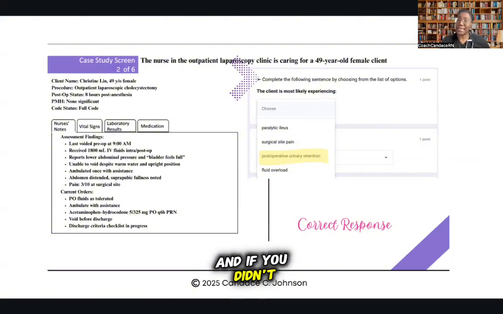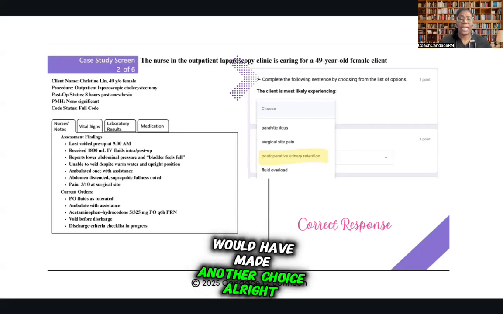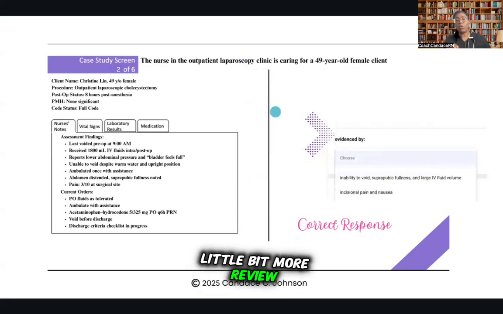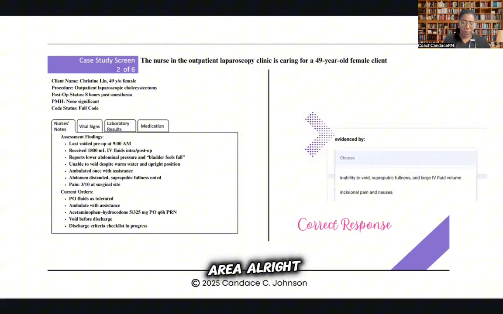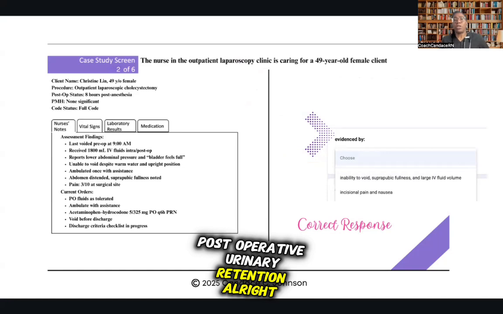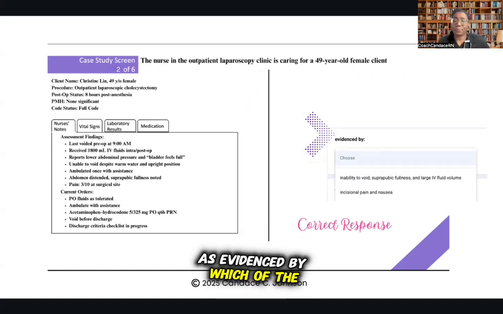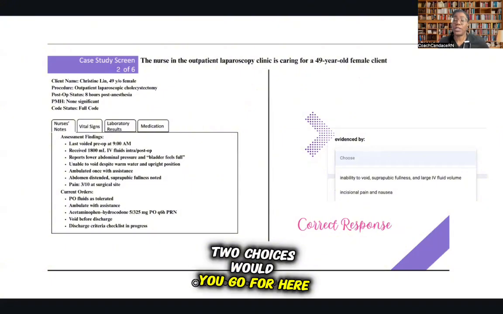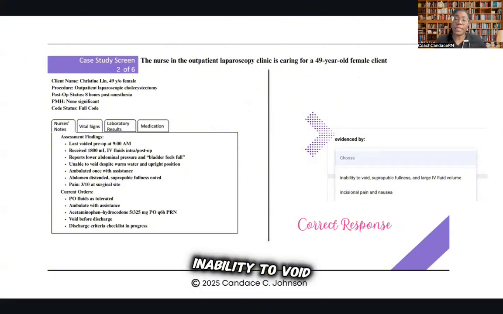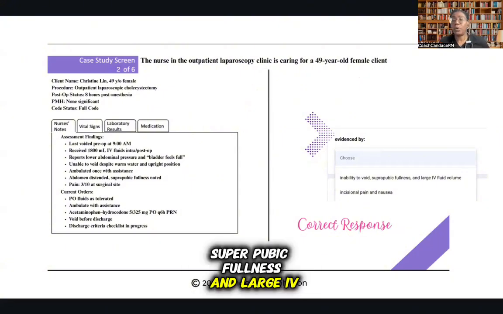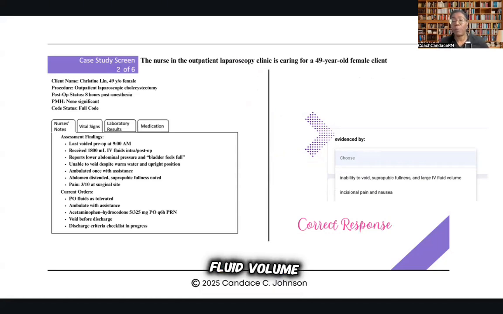And if you didn't, then let's think about why you would have made another choice. Sounds like you may need a little bit more review in this topic area. Post-operative urinary retention, as evidenced by which of the two choices would you go for here? Inability to void, suprapubic fullness, and large IV fluid volume.